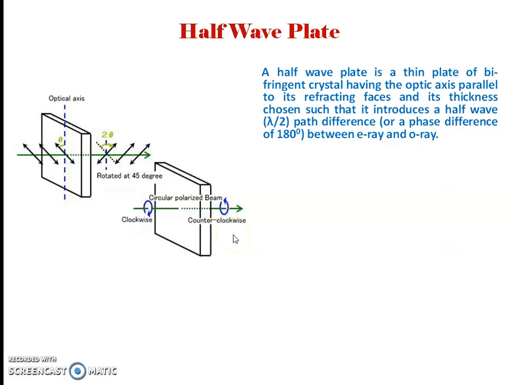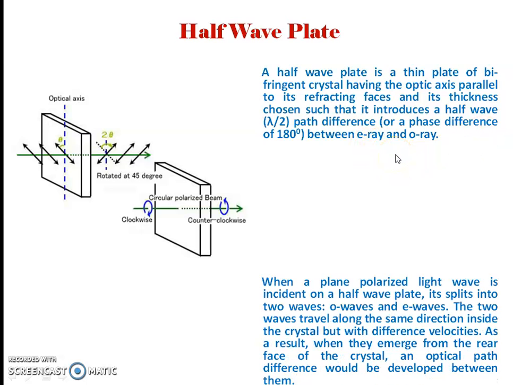A half wave plate is a thin plate of birefringent crystal having the optic axis parallel to its refracting faces. This is the optic axis to its refracting faces, and its thickness is chosen such that it introduces a half wave, that is lambda by 2 path difference or phase difference, between the E ray and O ray.